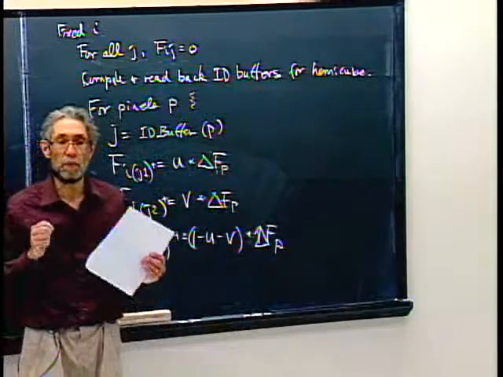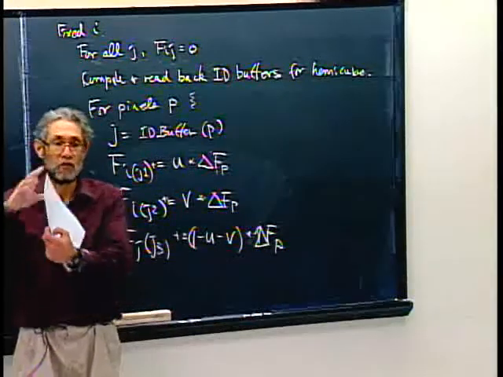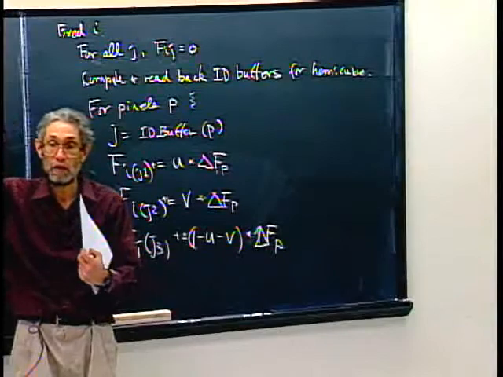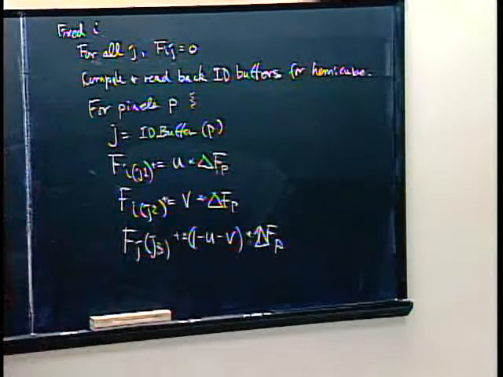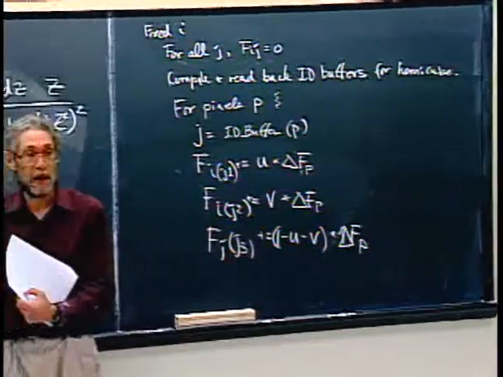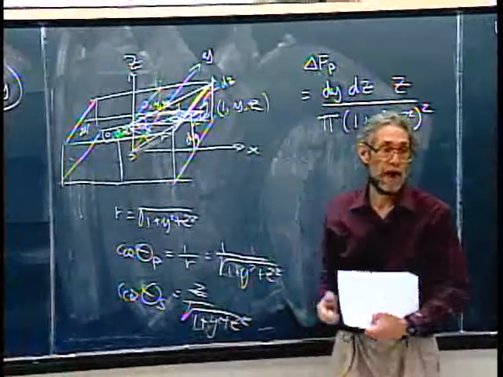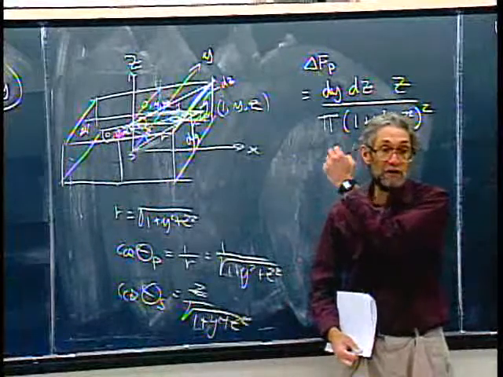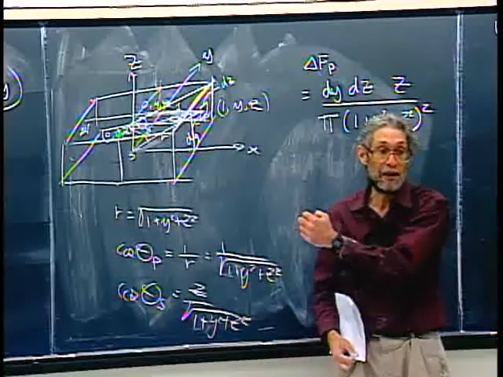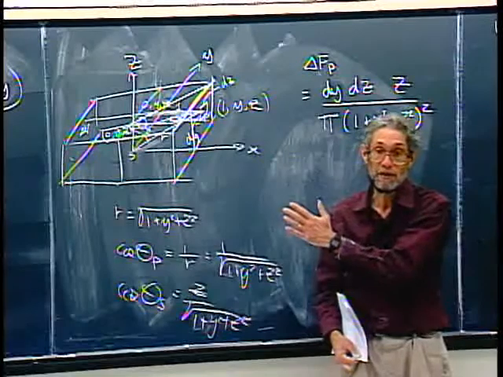This method is called point collocation. The previous one, where you were integrating a double integral, is called the Galerkin method for finite elements. This method of vertex-to-vertex form factors is called point collocation, because you're actually making a consistency equation for the radiosity on vertices.